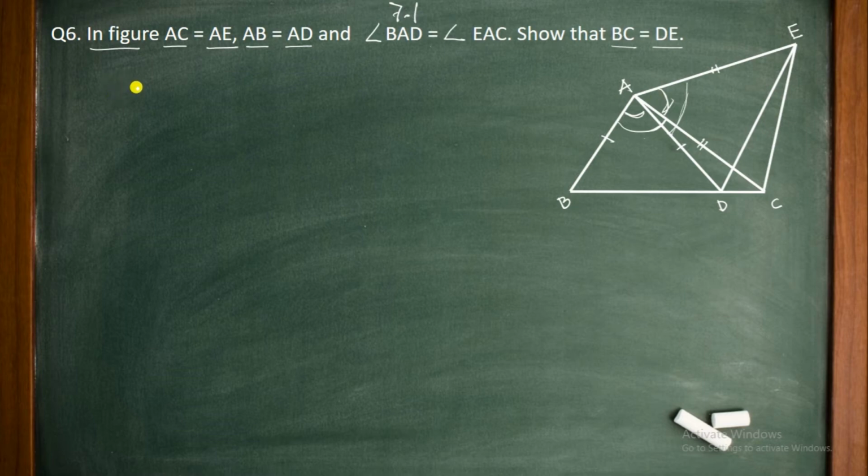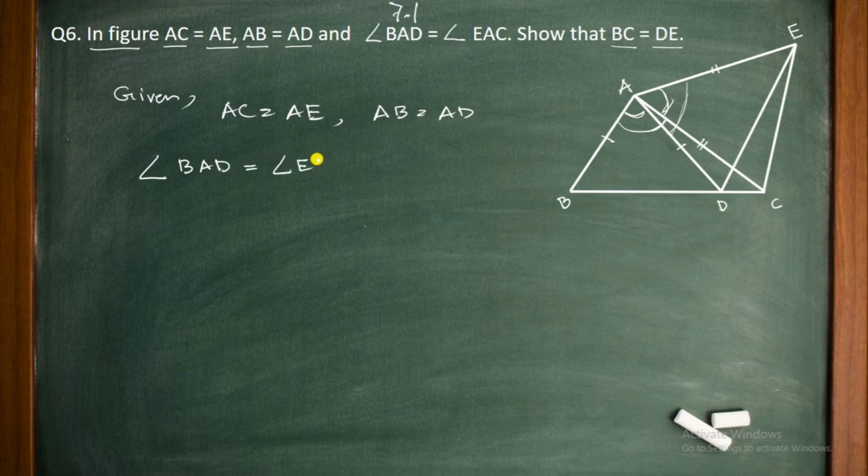So what we can write here, given AC is equal to AE, it is given, and also given AB is equal to AD. Now one thing is given, that angle BAD is equal to angle EAC. This is given.